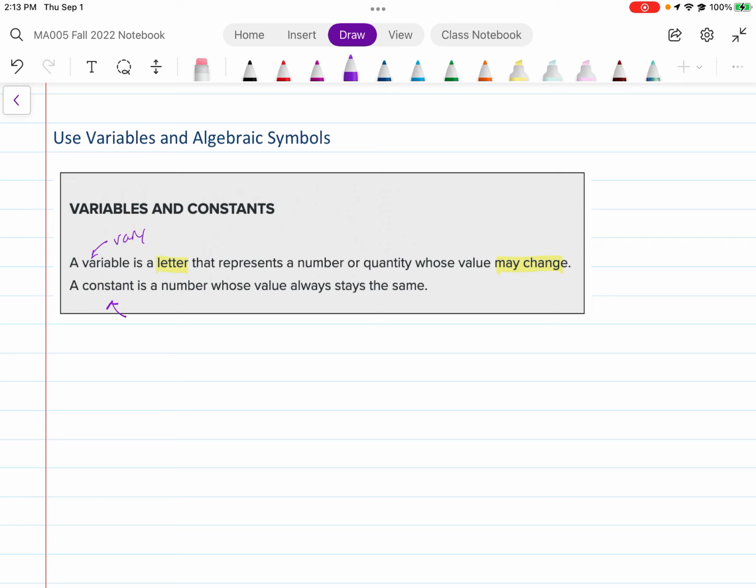Okay, so variables can be like x, y, z, a, b, c, and they're usually lowercase. They're not usually capitalized. Capitalized usually stands for some different things, but it can be anything. It can even be alpha, beta, gamma, things like that.